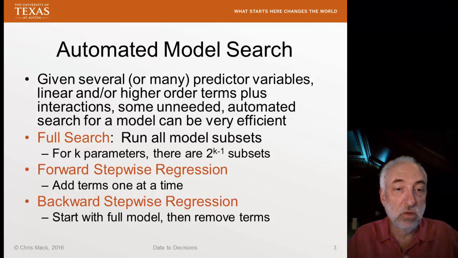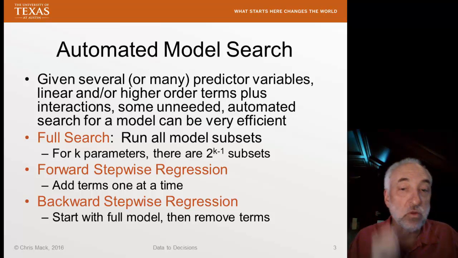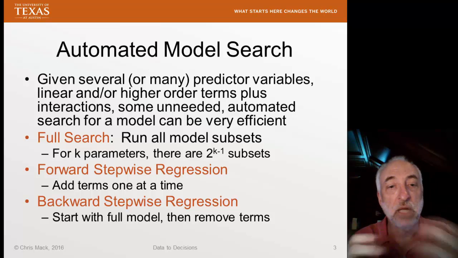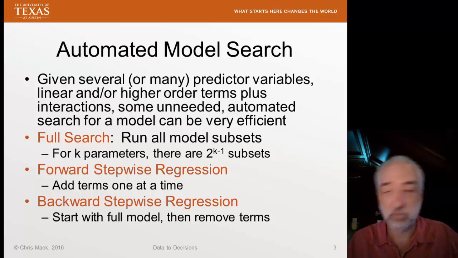In the forward stepwise, we start with just the intercept, and then we start adding variables one at a time to see if it makes sense to keep that variable in the model. In the backward stepwise regression, we start with the full model. We've got everything possible in that model, and then we ask, which term should I remove?